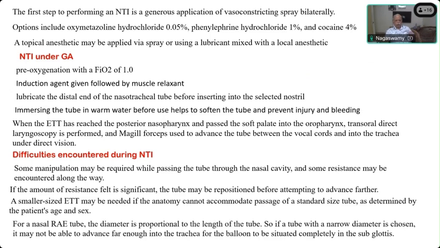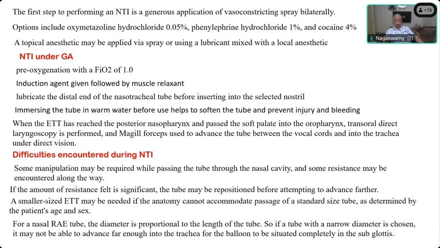For a nasal RAE tube, the diameter of the tube is proportional to its length. So for an adult male, if you have chosen an 8.5 RAE tube and it is not going through the nostril into the oropharynx, and you switch over to a size 8 tube, the size 8 tube length will be slightly shorter than the 8.5 tube.